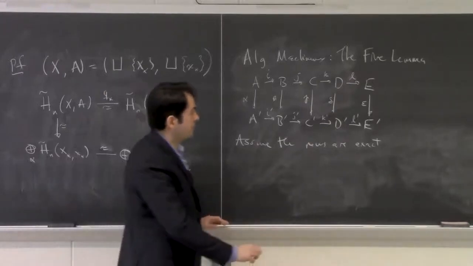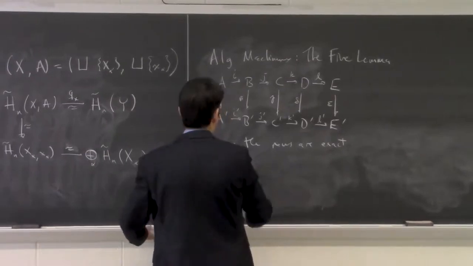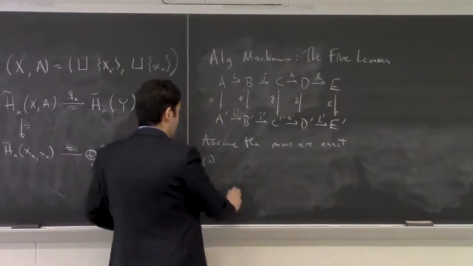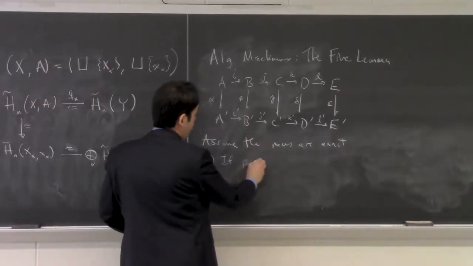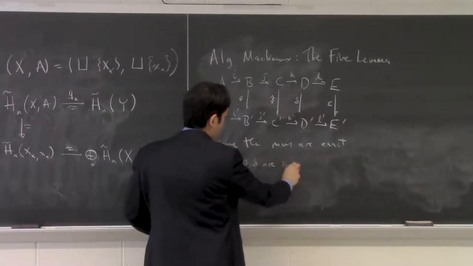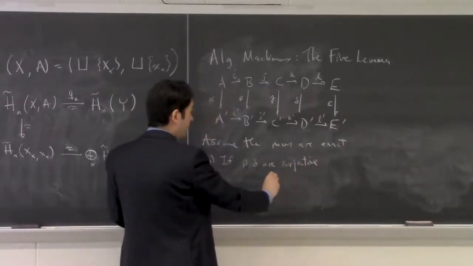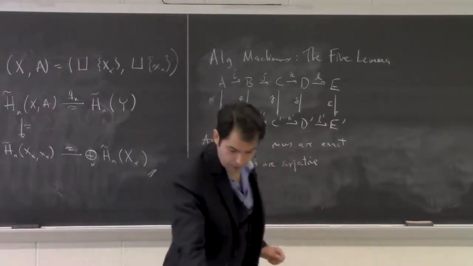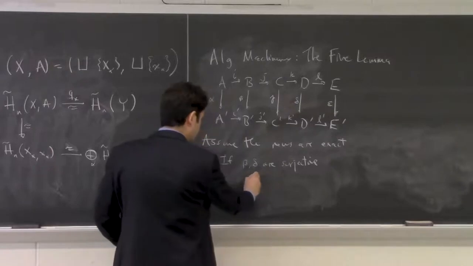Okay, so part 1 would be: if beta and delta are surjective, so I think for this one I need a condition on epsilon. Yeah, epsilon injective.